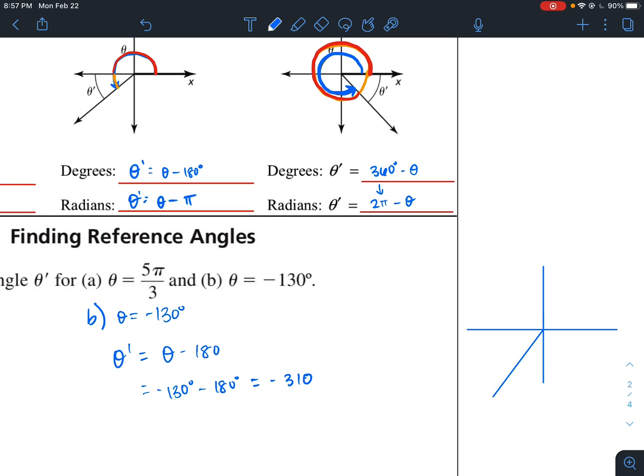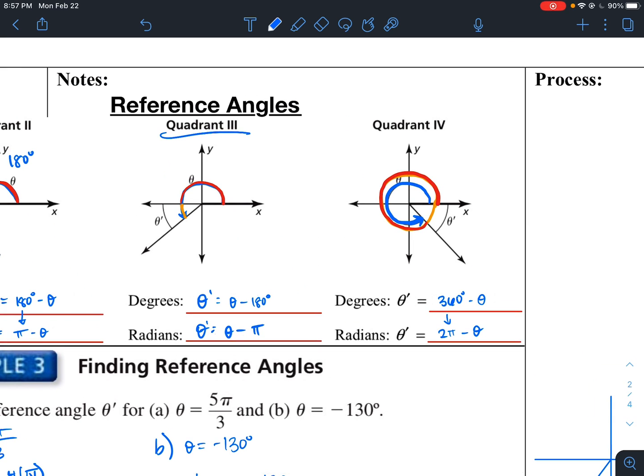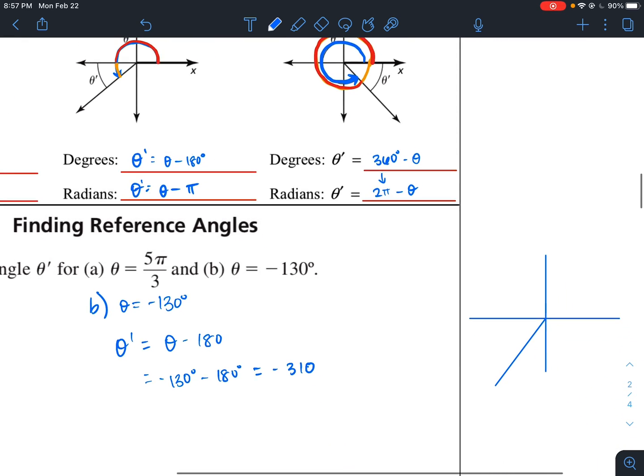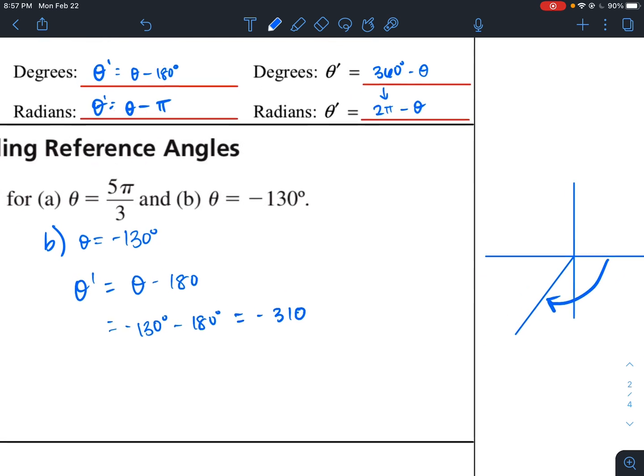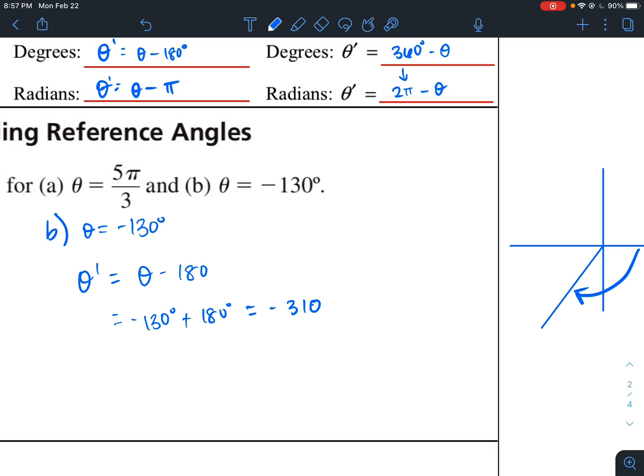Oh, sorry. I also failed to mention that this is whenever we're going in the positive direction. I need to make sure I distinguish that. Here we're going in the positive direction, but this was going in the negative direction. So in that case, I want to take 130 and add 180, because again we're working in the opposite direction.